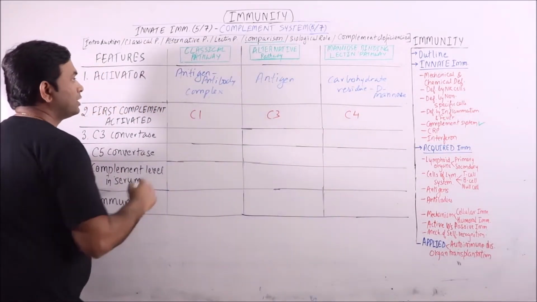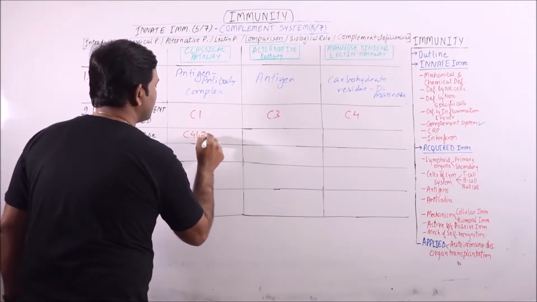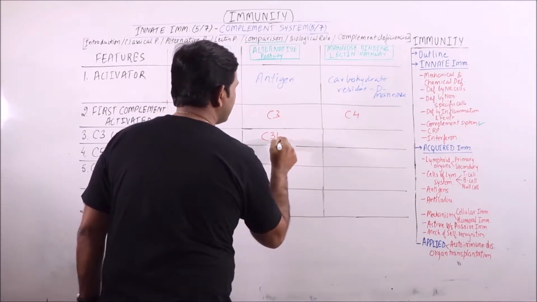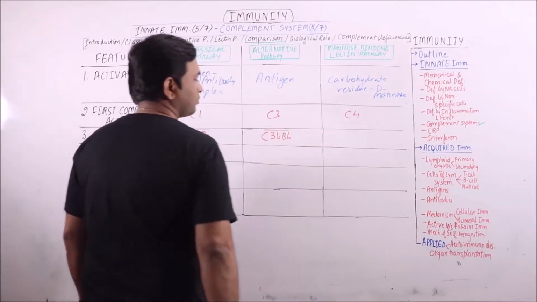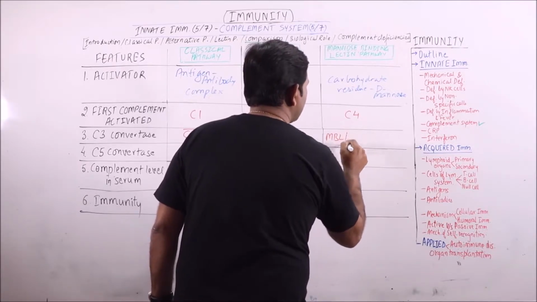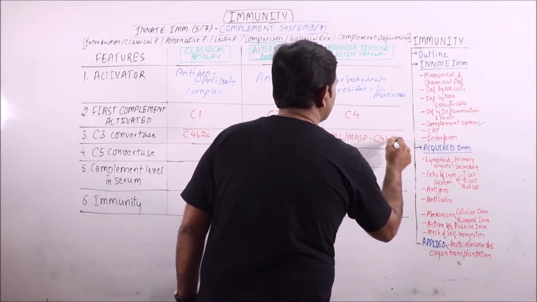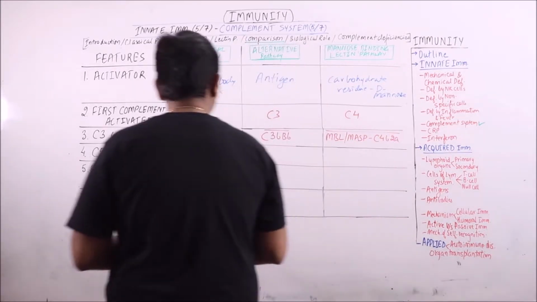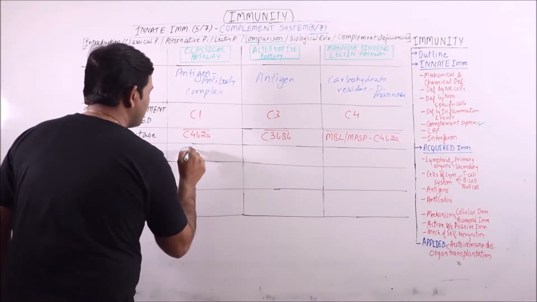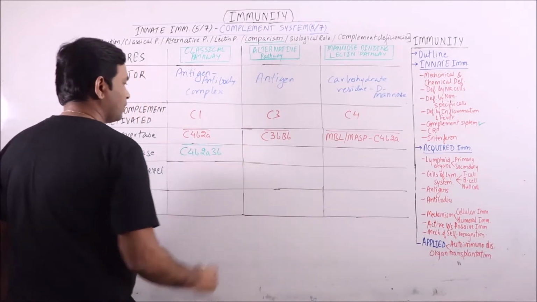The C3 convertase formed in the classical pathway is C4b2a, while in the alternative pathway it is C3bBb, and in the lectin pathway it is MBL-MASP C4b2a. The C5 convertase in the classical pathway is C4b2a3b.